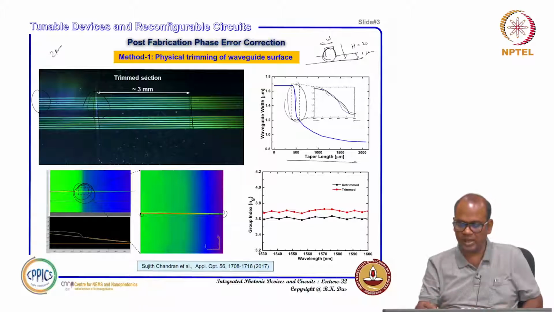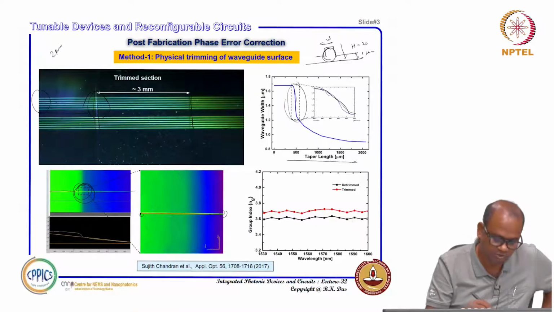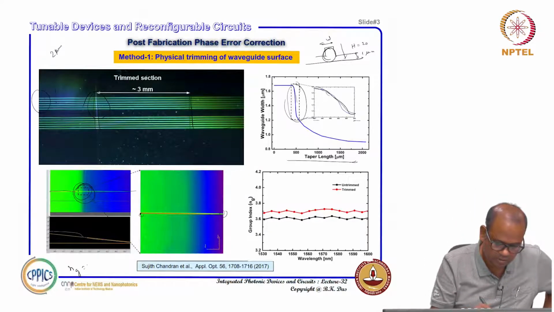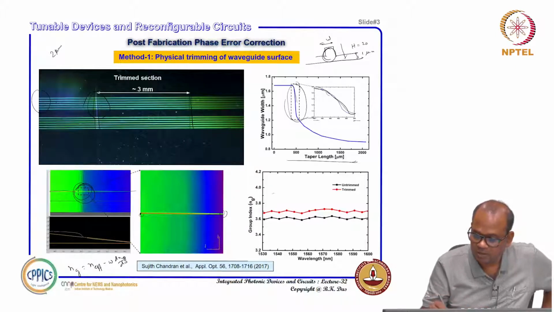In this case we have shown that we have also invented a method to extract the group index Ng. You know, Ng is equal to N effective minus omega dN effective by d omega, or in lambda terms you can write Ng equal to N effective plus lambda dN effective by d lambda.